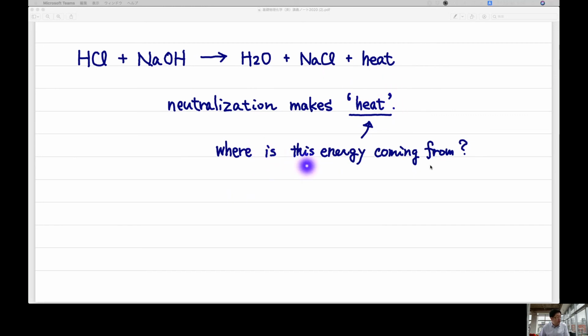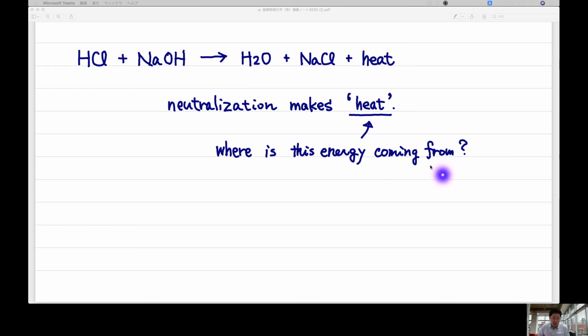So where is this energy coming from? This is a big problem of the chemical reaction. If you can understand this part, you can understand chemical energy. And that is a very important part of our lives because we get chemical energy from the photosynthesis of plants.